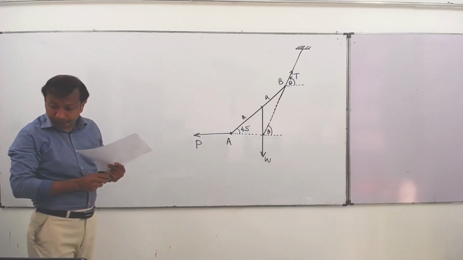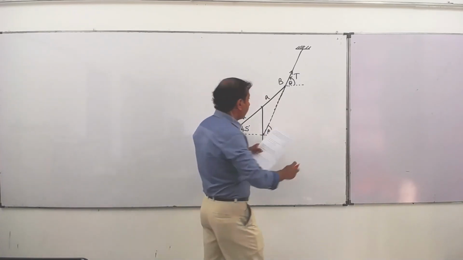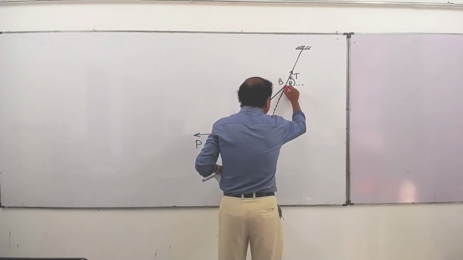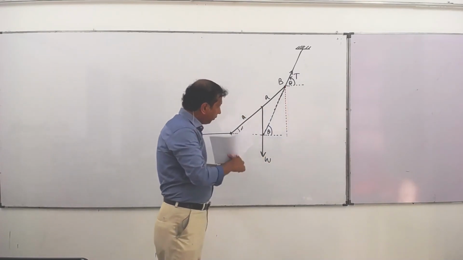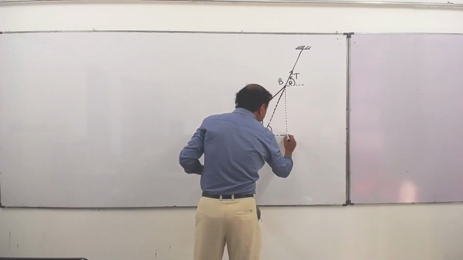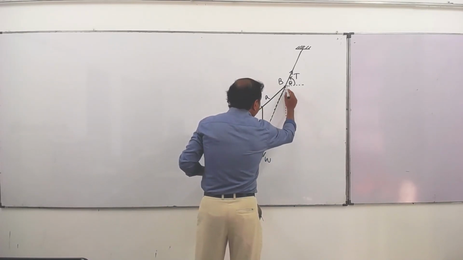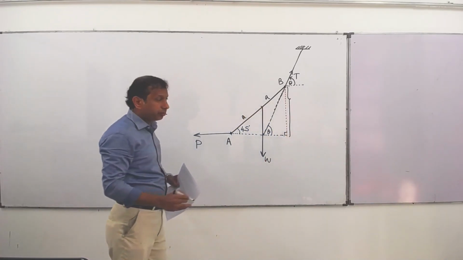Now we are asked to find this tan theta. Tan theta can easily be found like this. I am going to construct a vertical line and this horizontal line. At this height, you can write: what is that height?